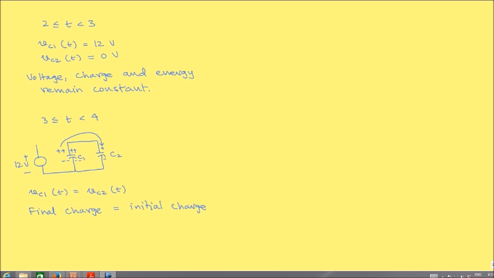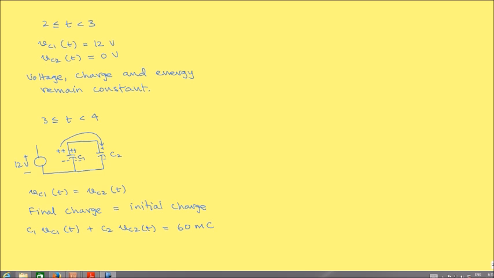The final charge will be C1 VC1 of t plus C2 VC2 of t, which must be equal to the initial charge, which was 60 millicoulombs on C1 and 0 millicoulombs on C2.